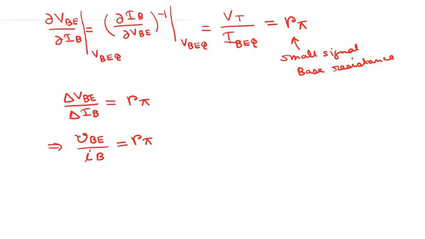Note that when we denote AC components, we write them in small case and in italics. Now note that this R pi depends on the DC biasing point.